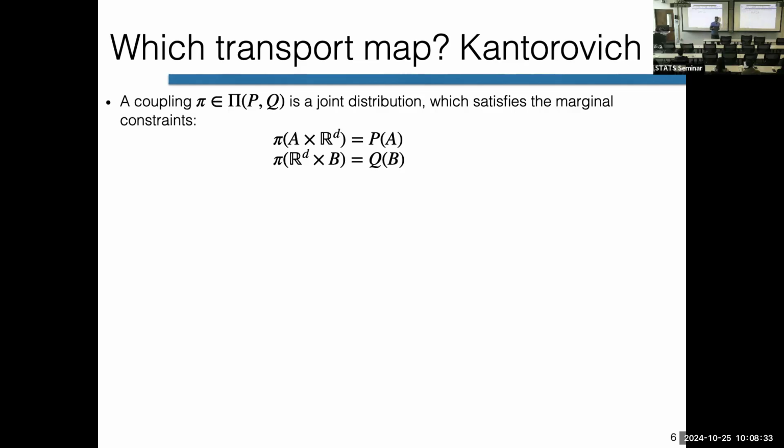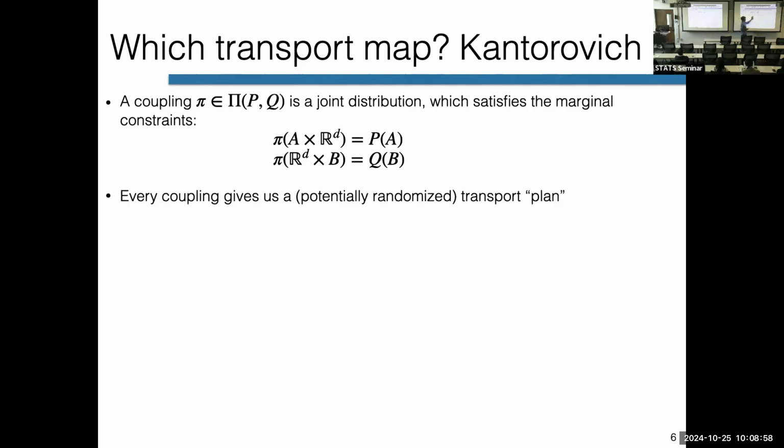How should you interpret a coupling? You should interpret it as saying, I will draw an x and then I will sample a y from the conditional of this coupling, right? So this joint distribution specifies for me some way of moving mass from x to y. The way that I will move mass is I will sample an x and then I will sample from the conditional of this pi quantity to tell me where to go. And it is in some sense a randomized path.